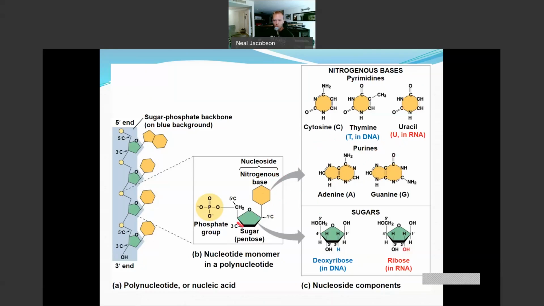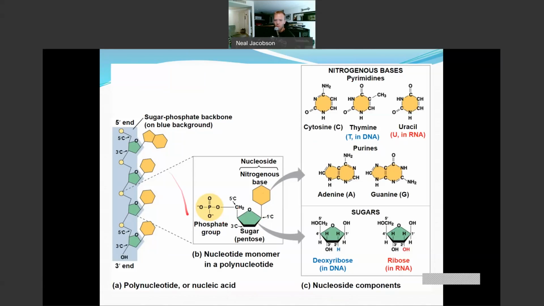So 3 different components. There's a nitrogenous base component. There's a pentose sugar like ribose or deoxyribose, and then there's a phosphate group that's attached to the 5th carbon on that ribose sugar. That phosphate group is what links one nucleotide to the next nucleotide.